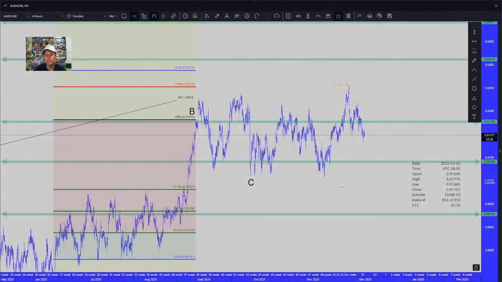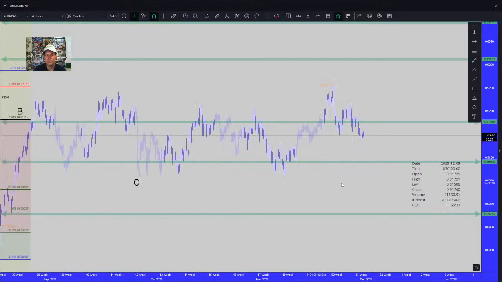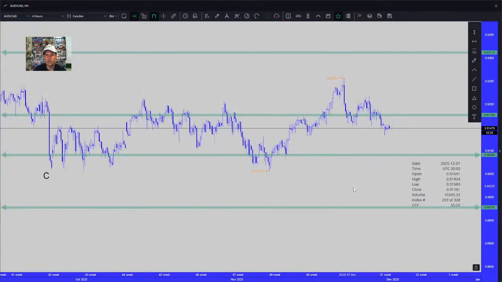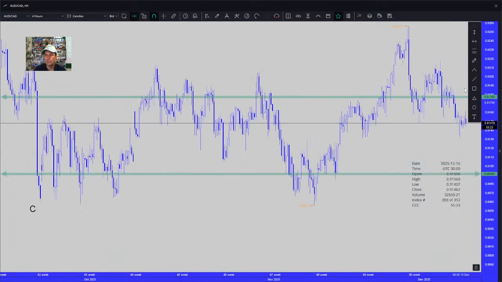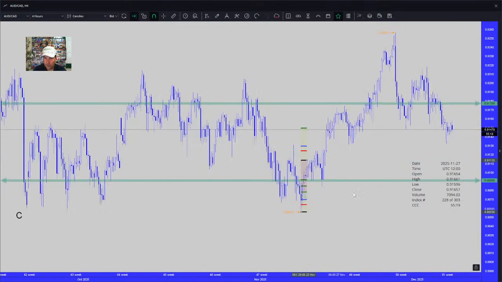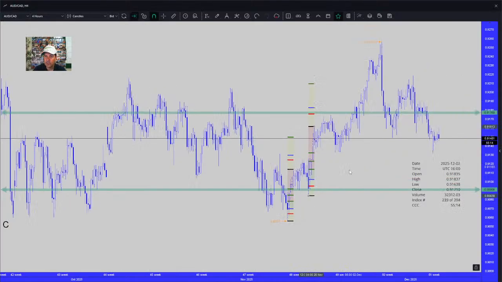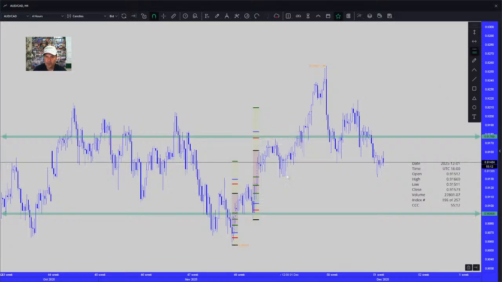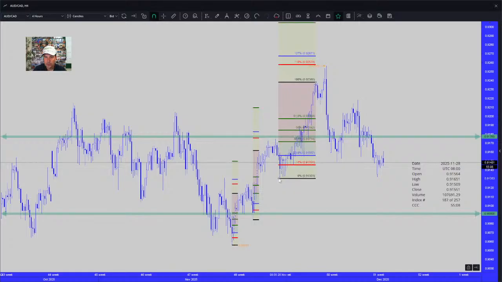ABCD, confirmation Fibonacci so far on the 4 hour chart too. This would be the first one if I'm not mistaken. This would be the second one, and finally before the market, oh, still in place.